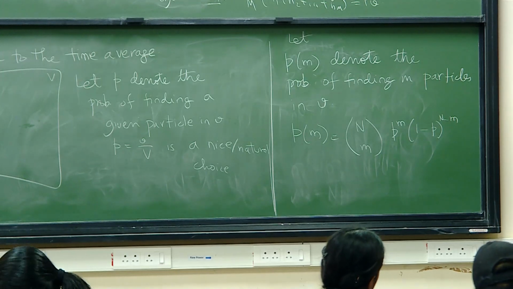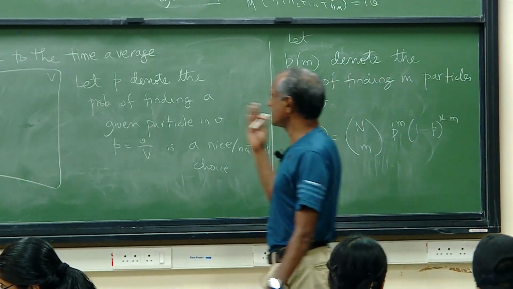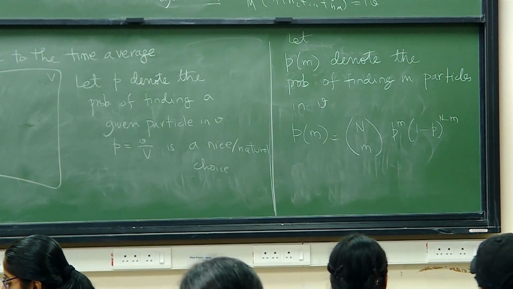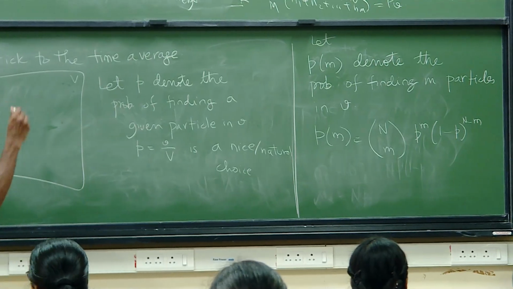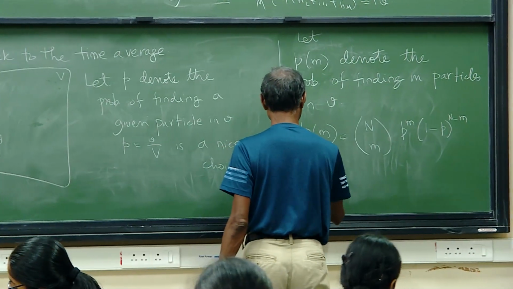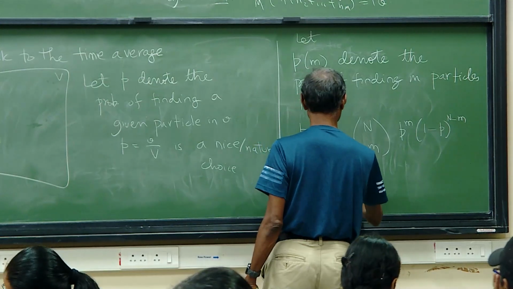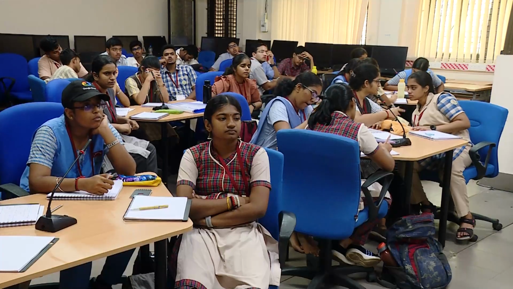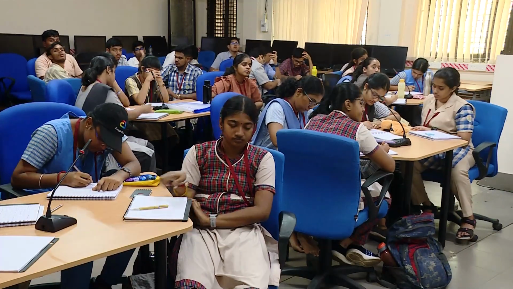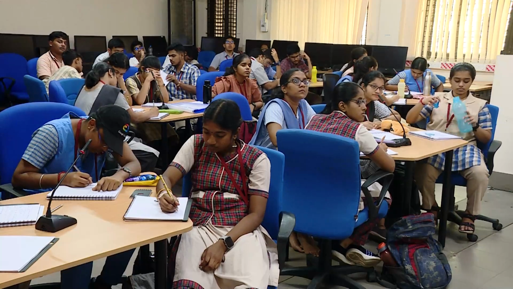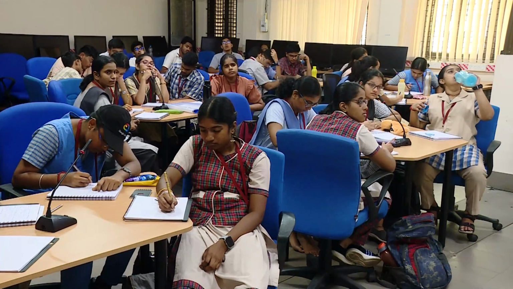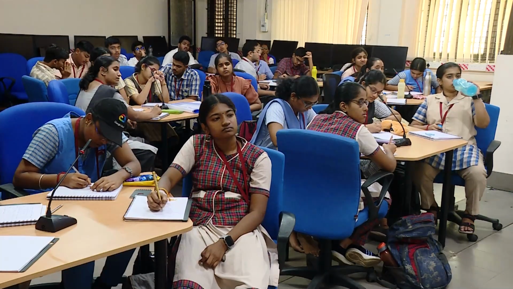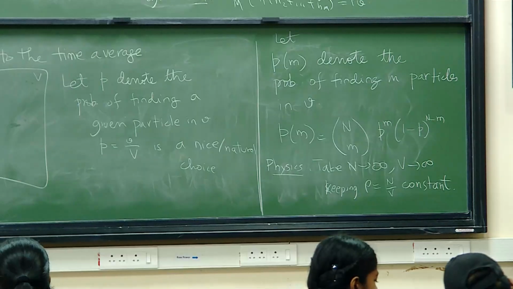But this is still not nice because what we would like really is a limit where v and N go to infinity such that rho is kept constant. Okay, so physics is telling us that we want our results to be independent of really N and V and only depend on the ratio rho.